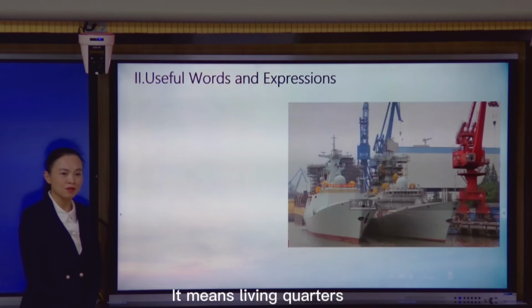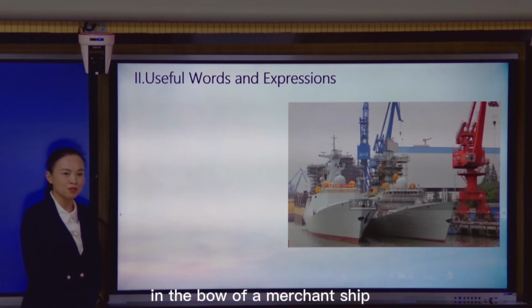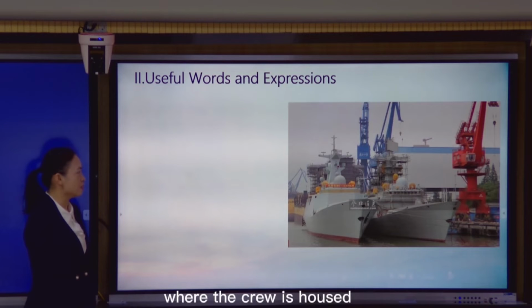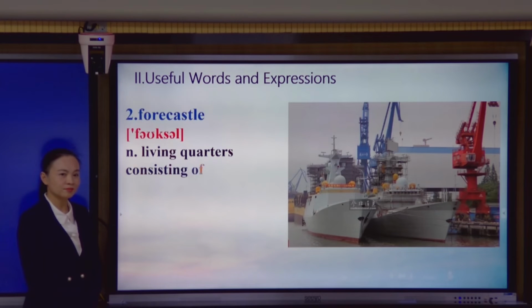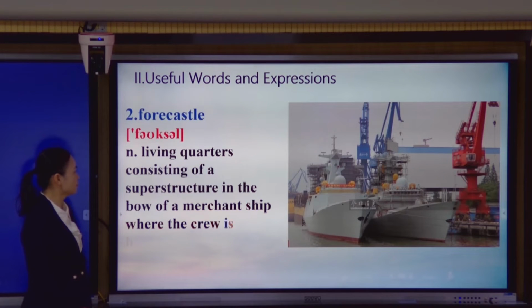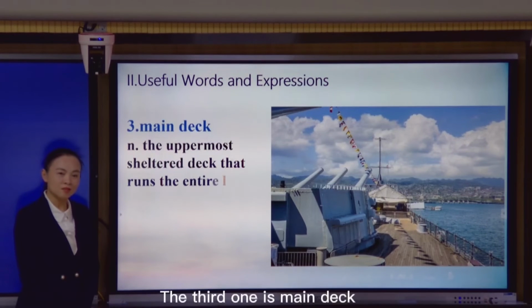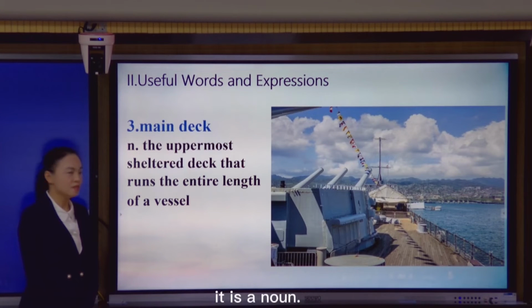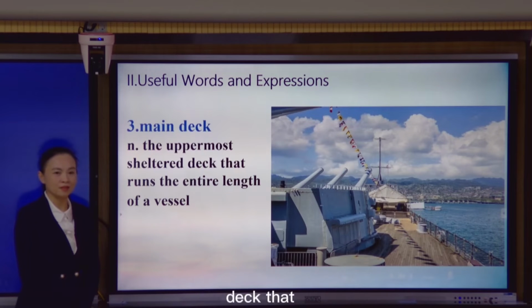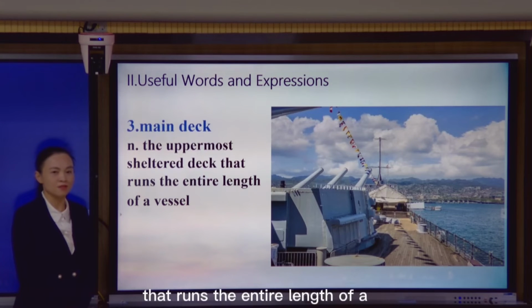It means a living quarter consisting of a superstructure in the bow of a merchant ship where the crew is housed. The third one is the main deck. It is a noun. It means the uppermost shelter deck that runs the entire length of a vessel.